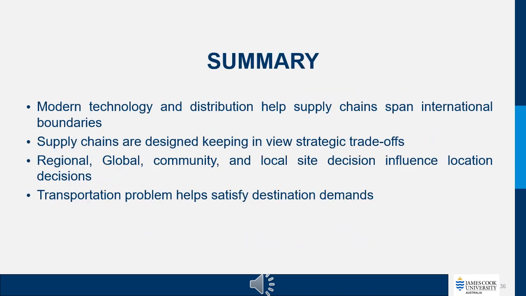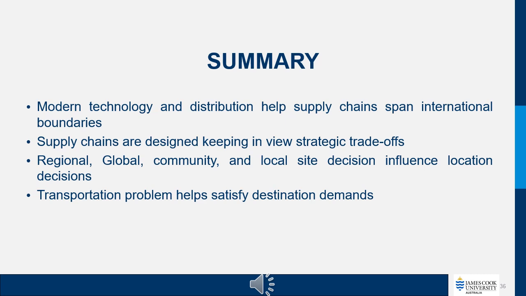In conclusion, modern technology and advancement in distribution have significantly expanded the reach of supply chains, enabling them to span international boundaries. This globalization of supply chains brings both opportunities and challenges. Supply chains are strategically designed, taking into account trade-offs between efficiency and responsiveness to meet customer demand effectively. Location decisions are influenced by considerations at regional, global, community, and local levels.